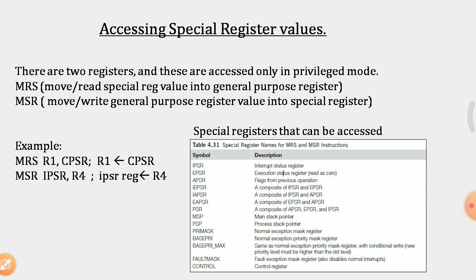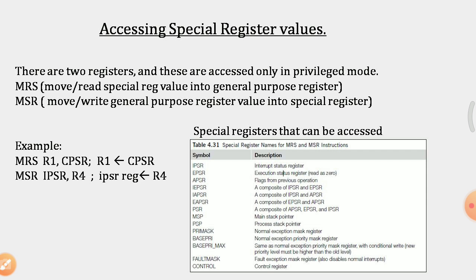First of all, we'll go through accessing special register values. There are two instructions, and these instructions are accessed only in a privileged mode. Those two instructions are used to access the value of a special register as well as to write a value into a special register.